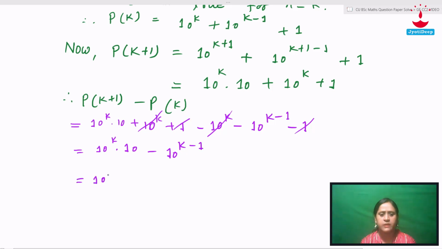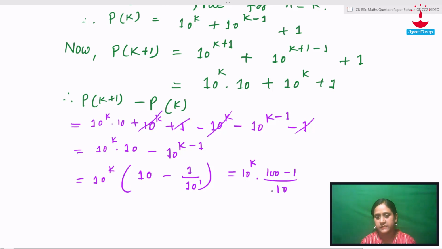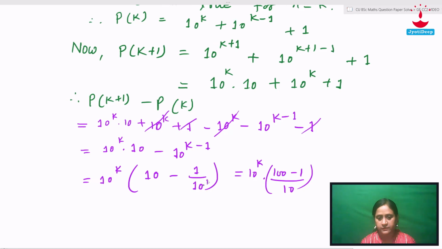We are taking common 10 to the power k. 10 minus, এখানে 10 to the power minus 1 means 1 upon 10 to the power 1. Okay. So this is equals to 10 to the power k into 100 minus 1 by 10. Okay.